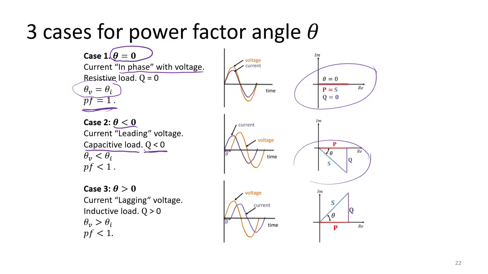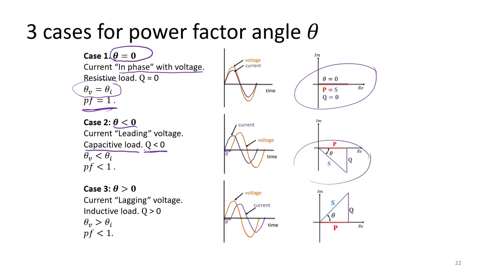So in this particular case, our load gains capacitive behavior because the net behavior of the load produces a negative Q, which is similar to the behavior of a capacitor. And finally, for case 3, if our theta is greater than 0, our power factor will still be less than 1, but the load will instead have inductive behavior.